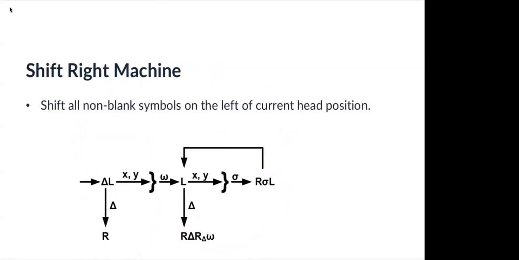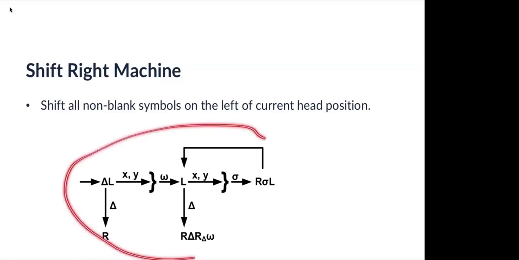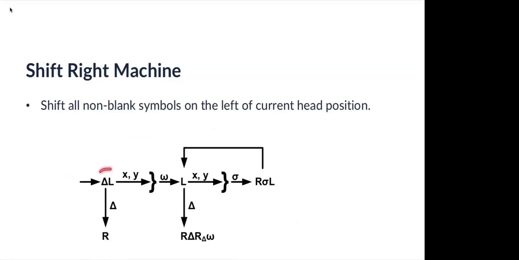This is another building block, and this one is for shifting all non-blank symbols on the left of current head position. So it means we change current one into delta, and then we move to the left.